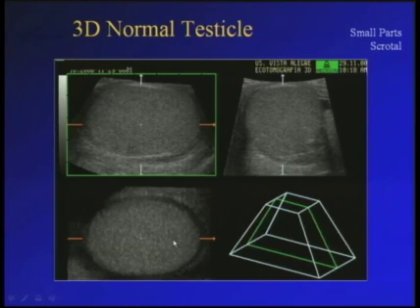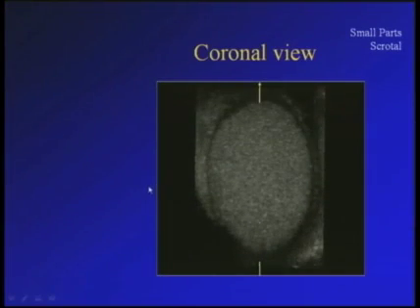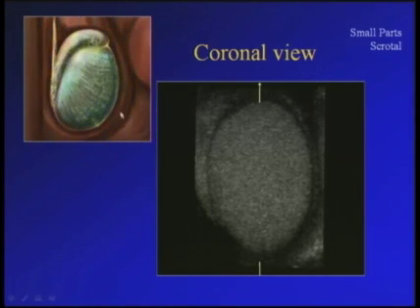And this coronal view, we can rotate it, and this coronal view corresponds with the anatomical image that we all have studied in our anatomy textbooks. This is the epididymis here, this is the upper pole, the lower pole, this is the body of the testis. And this is the only way to have a coronal view, by using three-dimensional ultrasound.